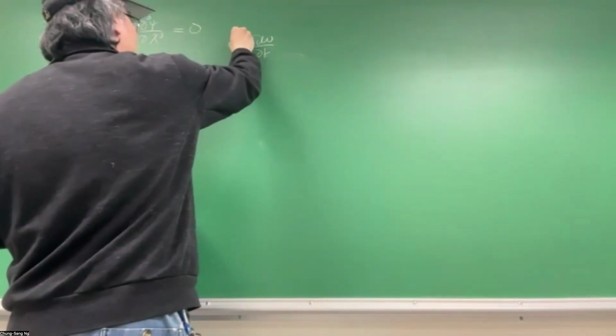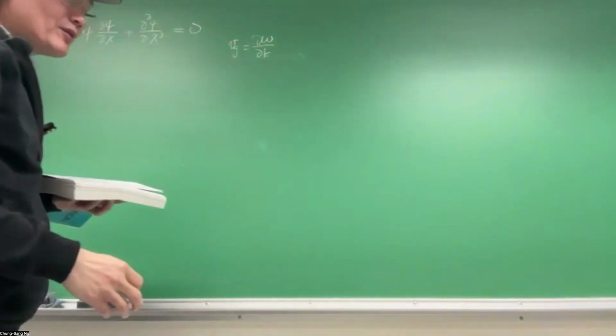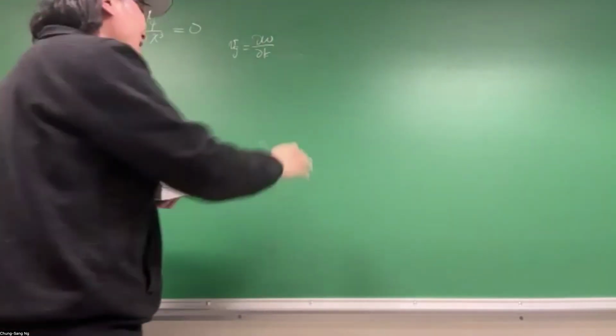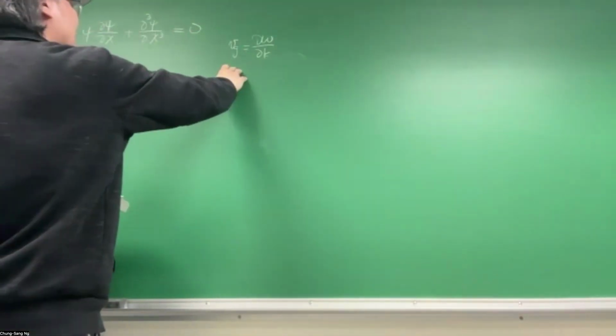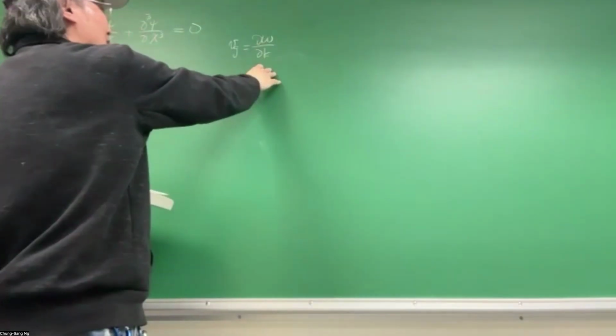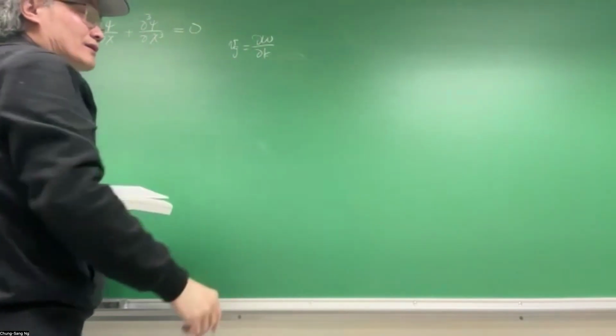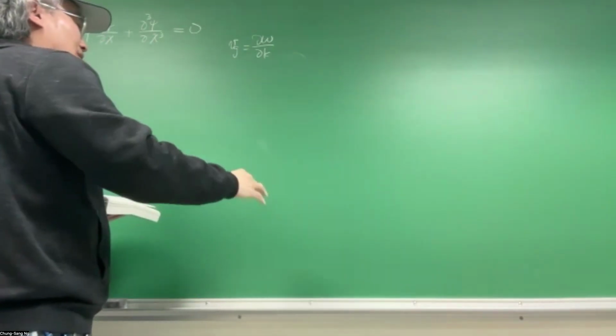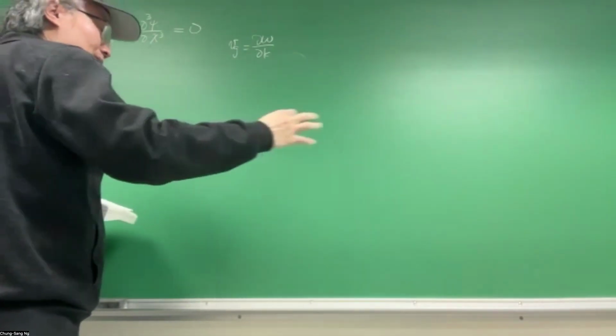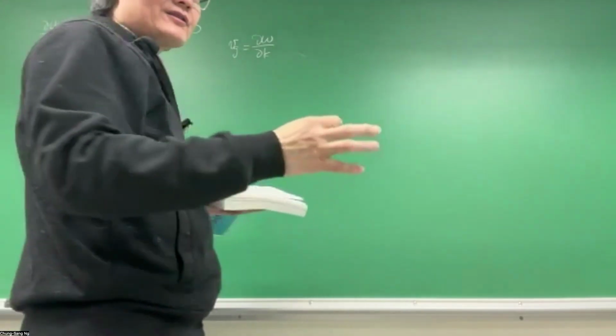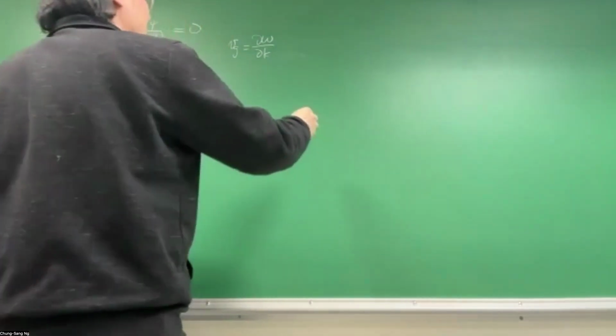I don't know whether you talked about that, maybe not in E&M, right? If omega is not linear in k, the group velocity is a function of k, right? It means it depends on the composition of the wave. Some k will move faster, some k will move slower, right?